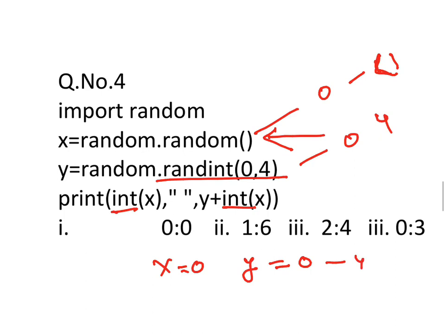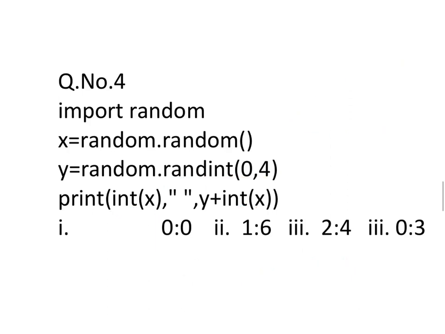I think it should be clear. Once again, I'll explain to you. The x will be from 0 to less than 1, and a fractional value means 0.001, 0.002, 0.003, 0.004, like that. The value of y will be from 0 to 4.